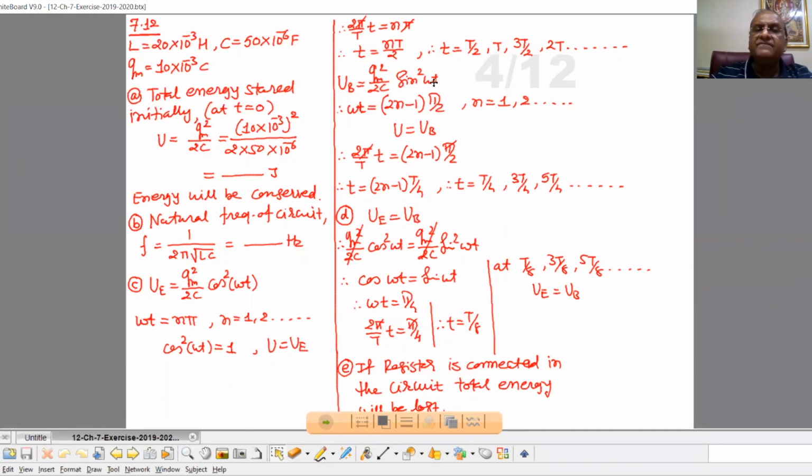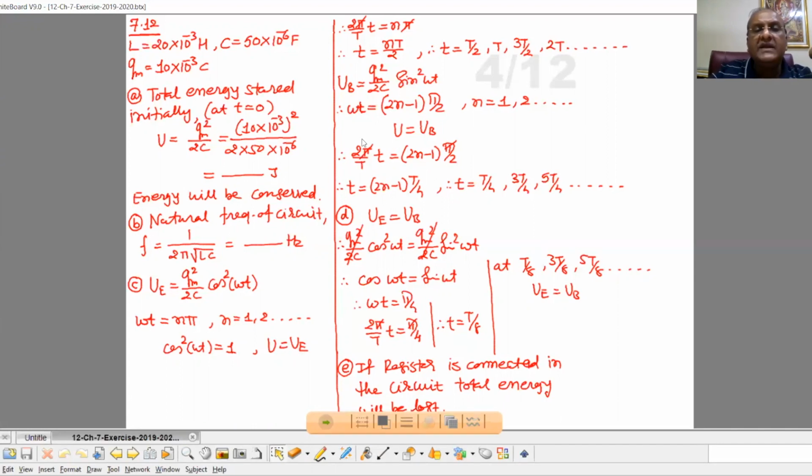And that is when omega t, that is 2n minus 1 pi by 2, because sine pi by 2, sine 3 pi by 2, sine 5 pi by 2, sine 7 pi by 2 all give you the value 1 or minus 1, and square of it will give you resultant 1. So for omega t equal to 2n minus 1 into pi by 2, where n equal to 1, 2, 3, your total energy in the circuit will be in the form of magnetic energy.